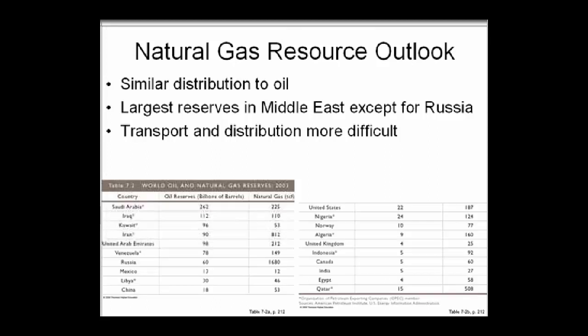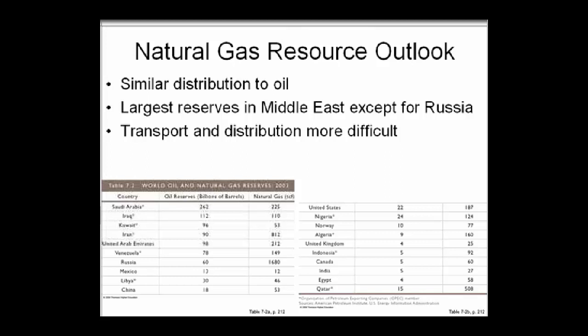The world reserves of oil and natural gas, like you say, you'll find quite a comparable trend in that Saudi Arabia has the largest oil reserves and some of the highest natural gas reserves. Ironically, Russia, which has considerable oil reserves, also has by far the largest natural gas reserves.